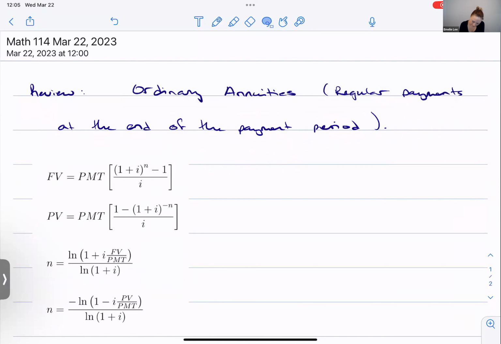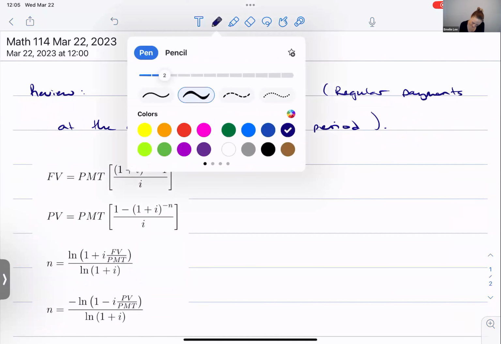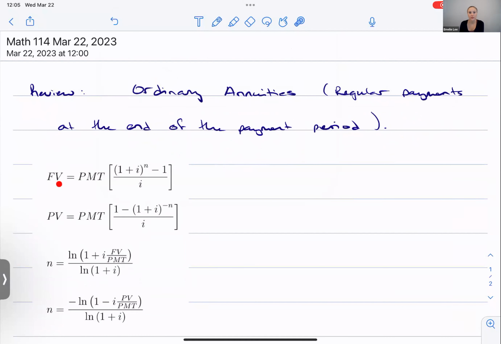So we can solve for the future value, the present value. Notice that when solving for the future value, usually the present value is 0. We start with nothing. Usually PV is equal to 0. Not always, but usually.